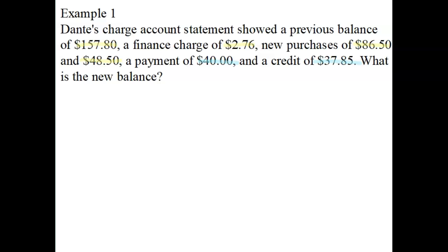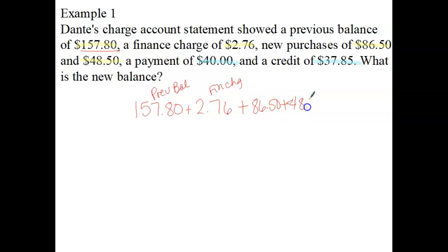So basically, we're going to take the previous balance, which is this amount right here, and we're going to add in the finance charge. So this is the previous balance. Here's the finance charge. We're also going to add in new purchases, so $86.50 and $48.50.